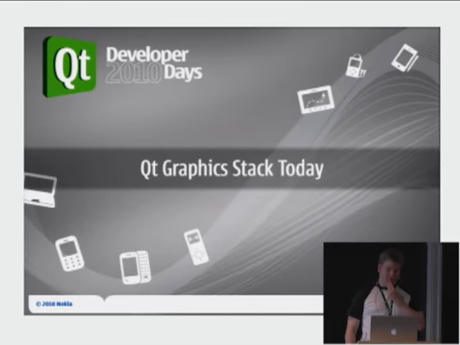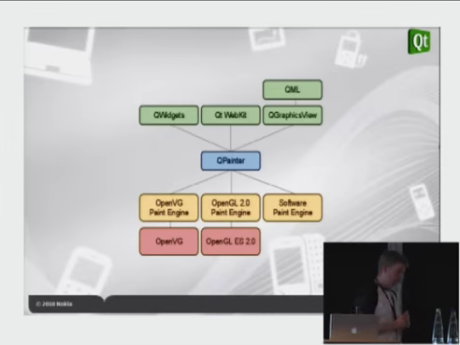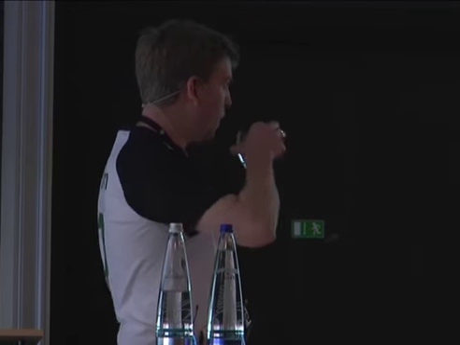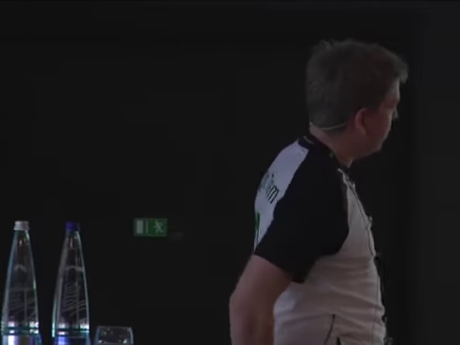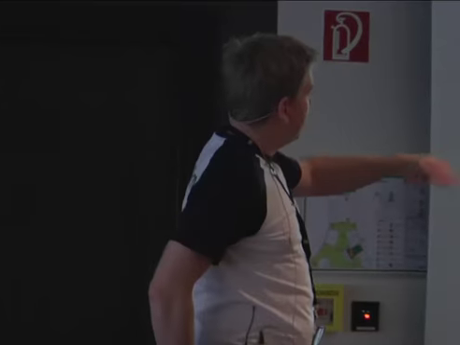So let's move on to the graphics stack today. It's a very simplified view of how things work, but I split it into 4 layers. On the top, the application layers, the painter, the paint engines in yellow, and the underlying APIs in red. The way that all of these work, they follow the same kind of pattern.